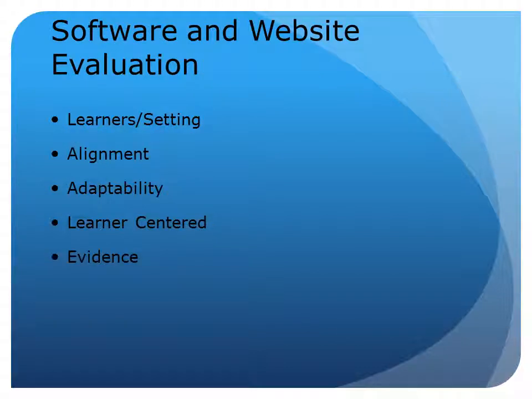There are 5 specific criteria you'll be required to understand and competently explain as a distinguished software and website evaluator. The first criteria you will have to consider are your learners and the setting in which the learning takes place.